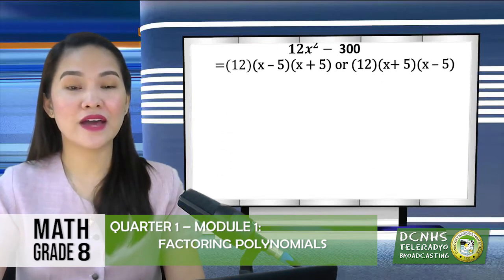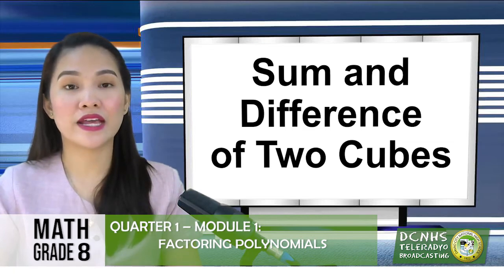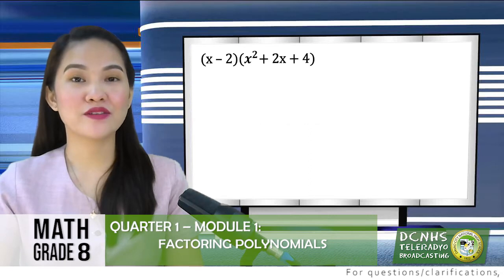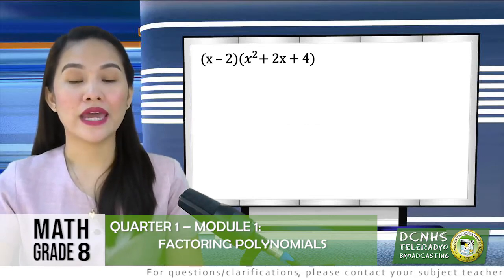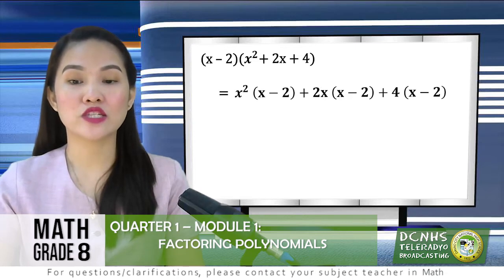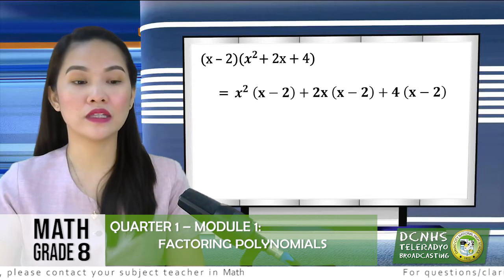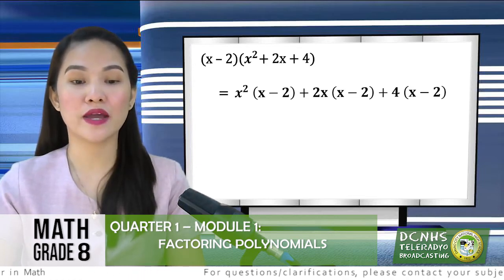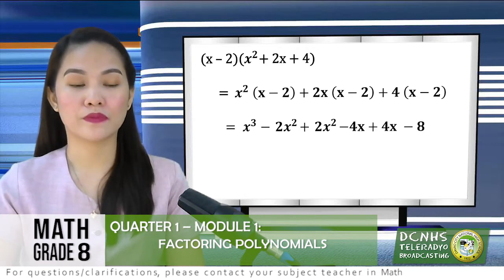The third kind of factoring that we will discuss today is the sum and difference of two cubes. Let us review. The product of quantity x minus 2 and quantity x squared plus 2x plus 4 is equal to x squared times the quantity of x minus 2 plus 2x quantity x minus 2 plus 4 quantity x minus 2.